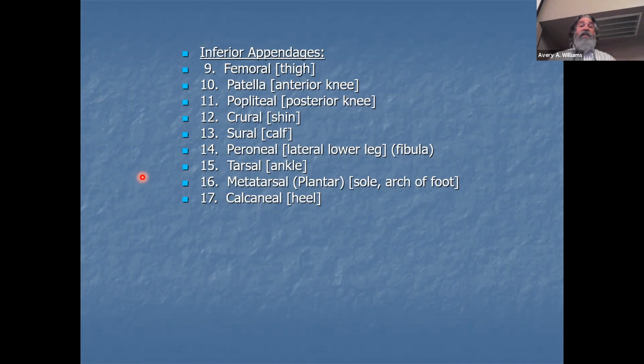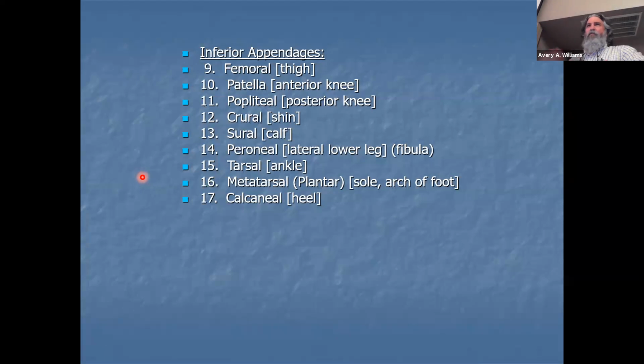Or there's an eponym. Have we talked about eponyms yet? Eponyms are words or terms that are named after people, like a person's name. We're going to have lots of eponyms.